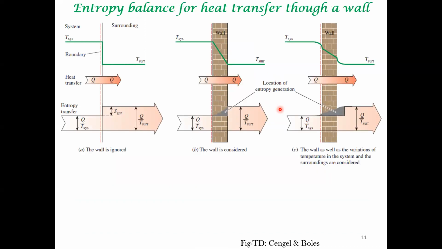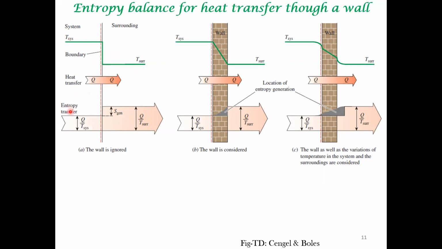So this is a nice example. Let us say there is a system and surroundings, and there is heat transfer. This heat transfer is an irreversible process because heat will always transfer only from a region of high temperature to low temperature. A small change in this temperature cannot reverse heat flow because there's a finite temperature difference between the system and the surroundings. So this much amount of heat is being transferred.